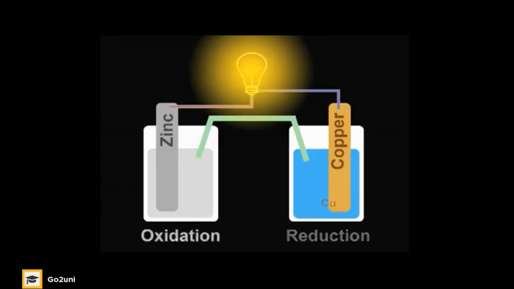In an oxidation reduction reaction, we observe that one of these metals loses electrons, and once you lose electrons, you are said to undergo oxidation. So as one of them loses electrons, the other gains electrons. The gain of electrons is the reduction process, while the loss of electrons is the oxidation process.